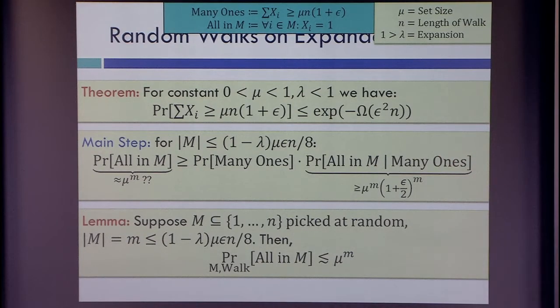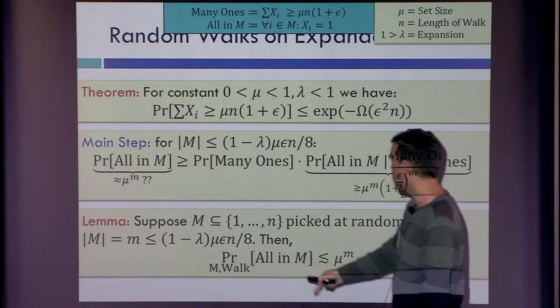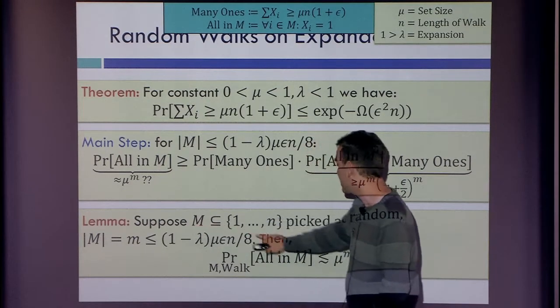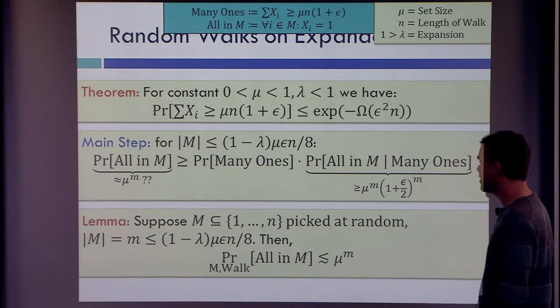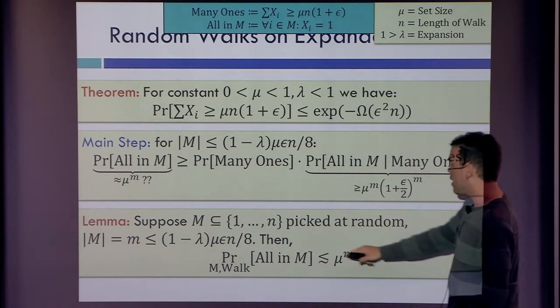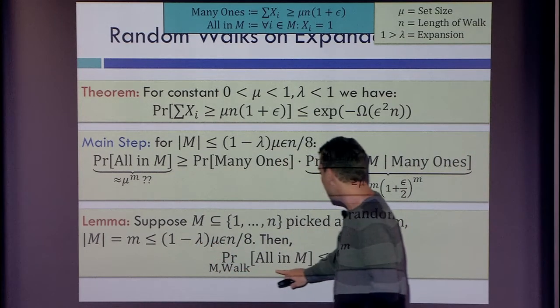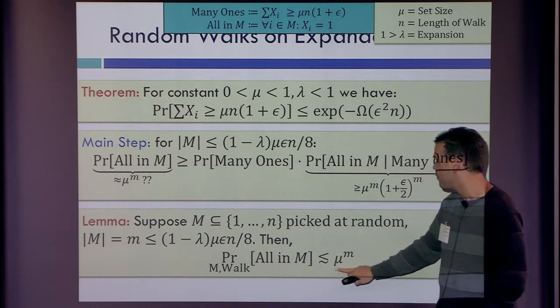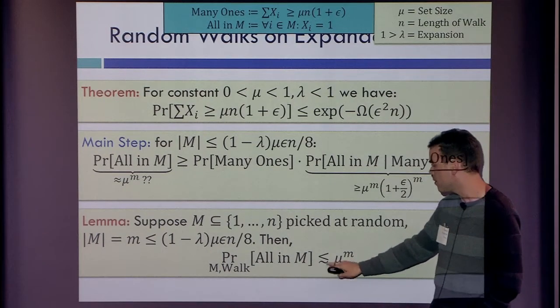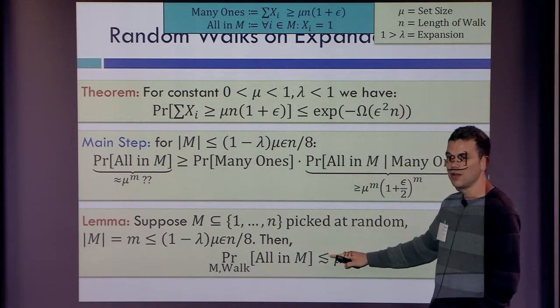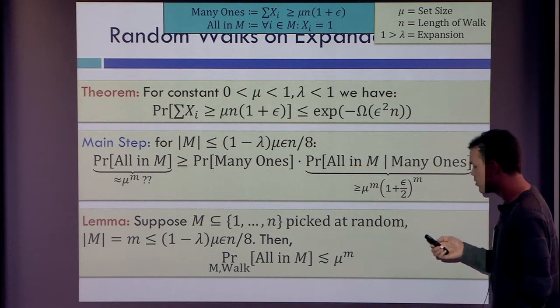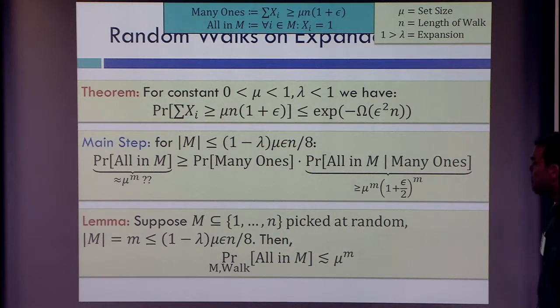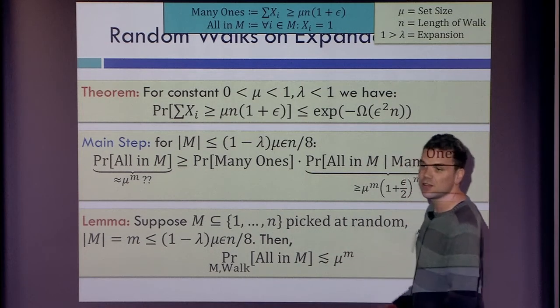And for this we have this lemma. Suppose that you pick a subset M of 1 to n at random, of this exact size, then the probability that everything is in M is roughly mu to the m. I'm ignoring some terms depending on epsilon, which I will fill in later. So if m is not too big, then you have this.